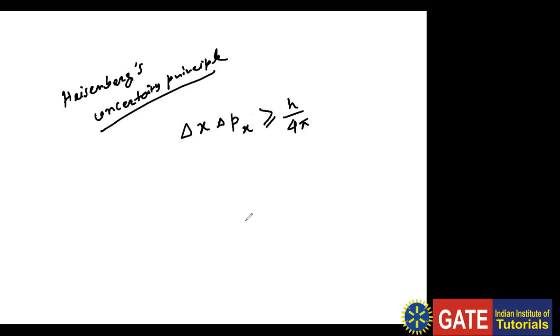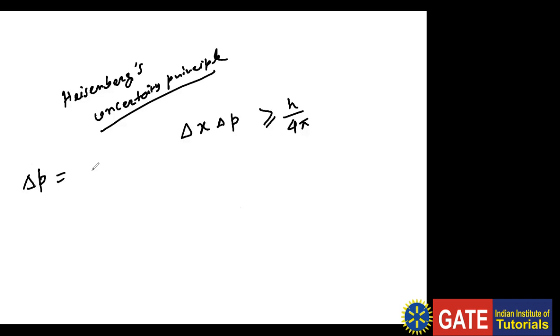Note it down. Delta x into delta p. For a small particle like an electron, you cannot simultaneously determine the position as well as the momentum. So the uncertainty value will be greater than or equal to h by 4 pi. We know delta p x; you can write x or omit it, no problem.